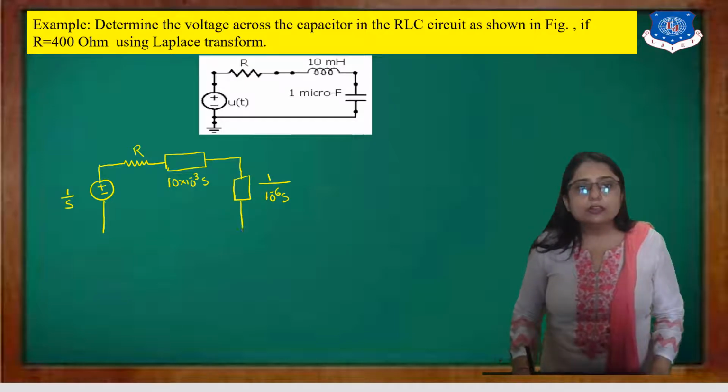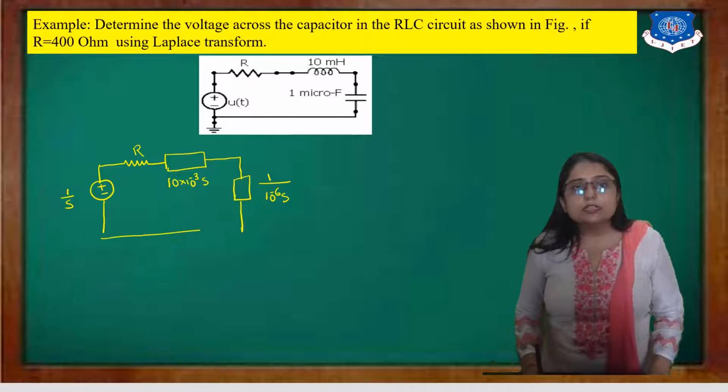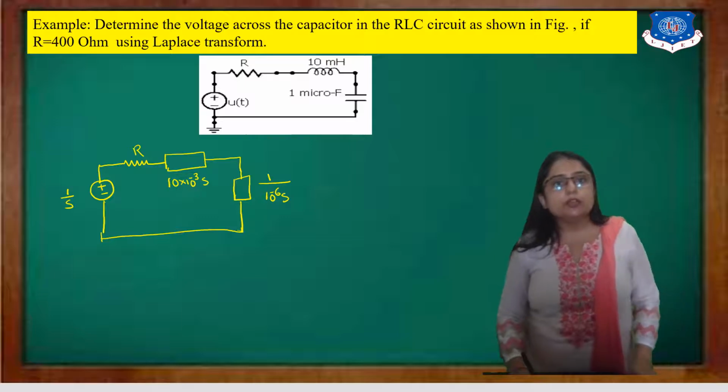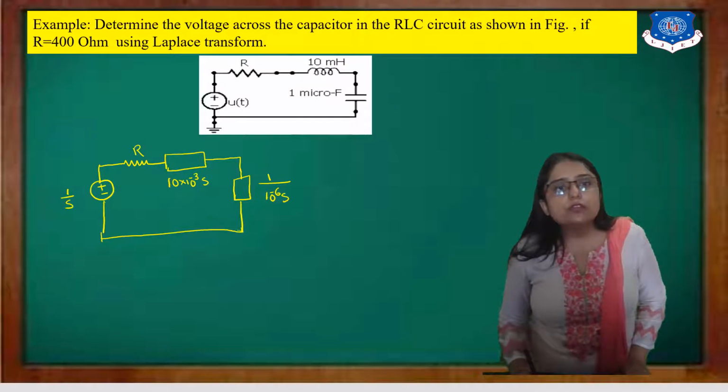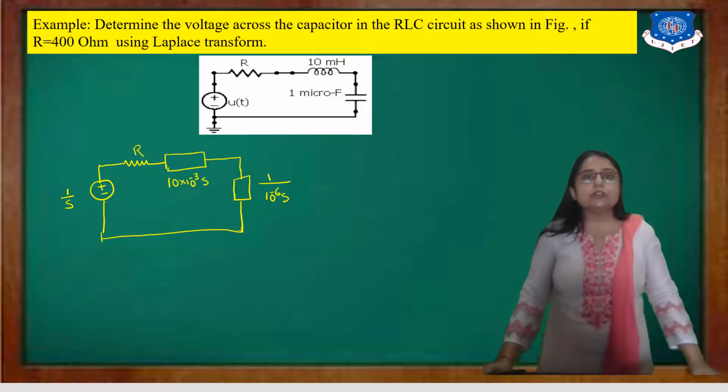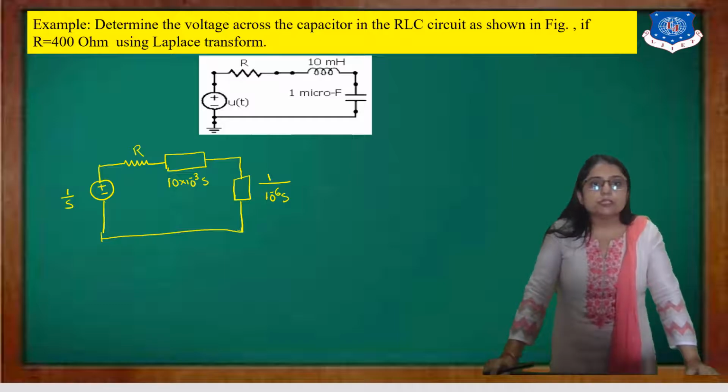See here, I have not drawn any series voltage source, because when we draw the inductor in the S domain, first we draw the inductor Ls, and then a series voltage source, Li0, negative or positive.